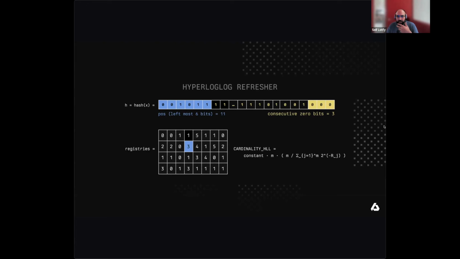The idea is that you use the harmonic mean across all these possibilities that you're writing in the registers, because you always write the highest amount of consecutive zeros there. You use that to count the distinct items in a set.